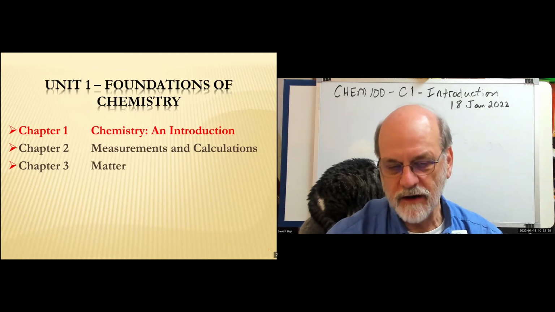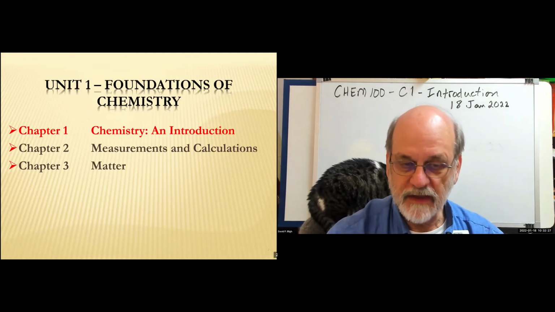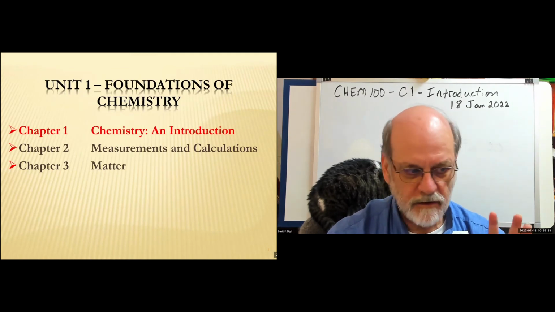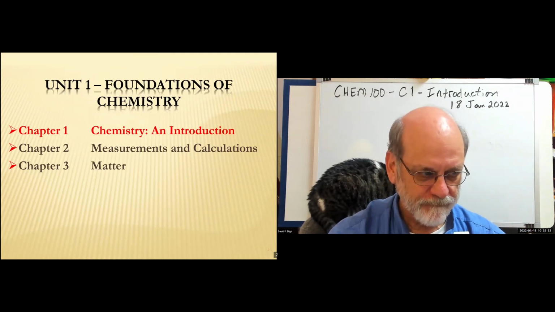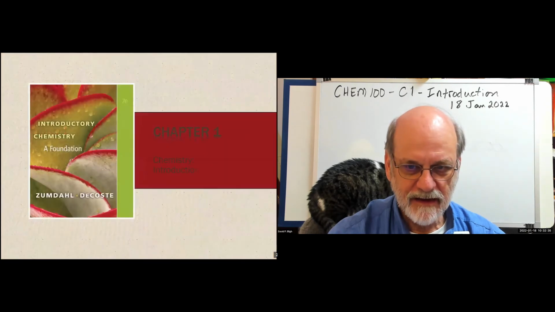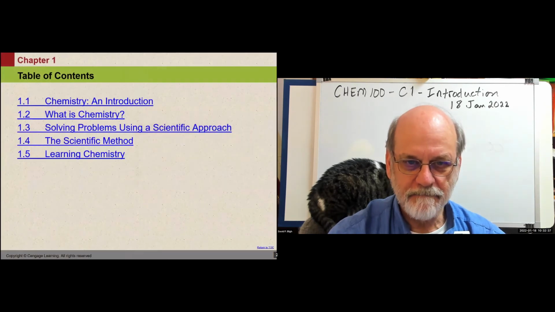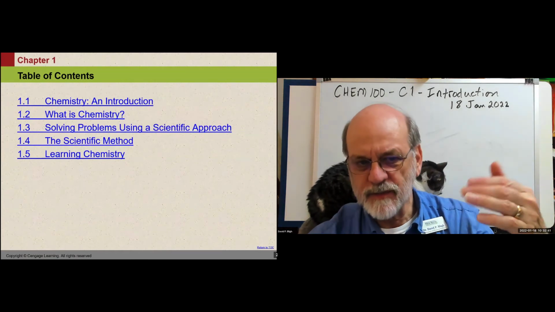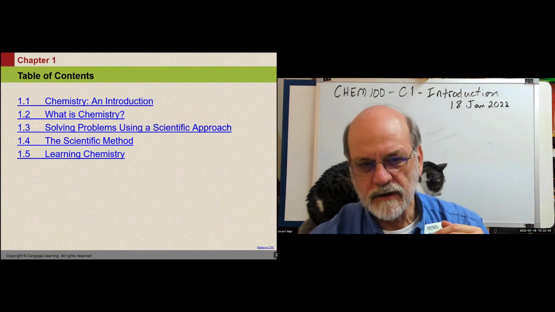What is stuff made of? And that'll be chapter 3. And then all those 3 chapters will be included in the first exam. All right. I've always got a table of contents at the beginning. These are the topics that we're going to be covering.